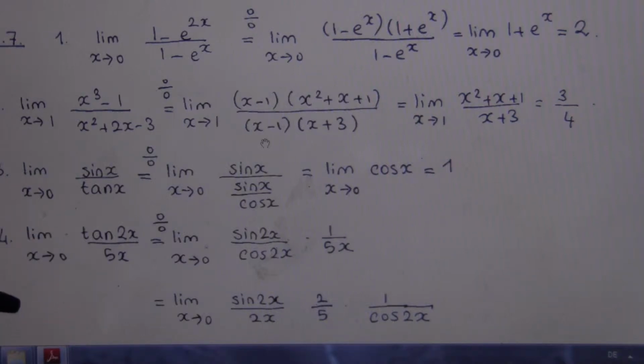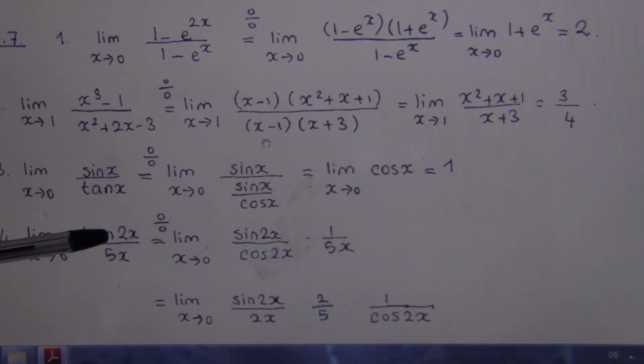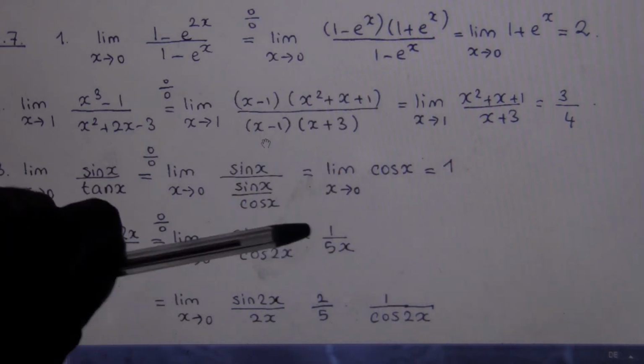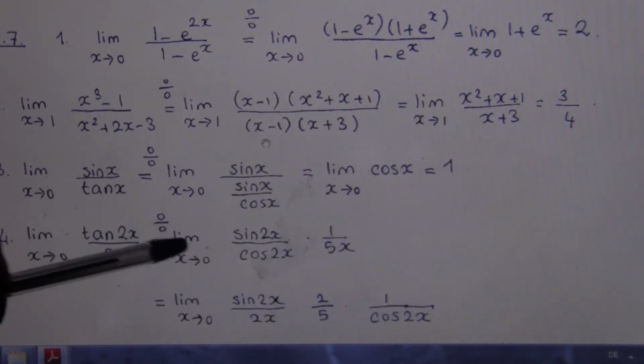So what they did is they expressed tan 2x over 5x as tan 2x multiplied by 1 over 5x, and we just turn the tan into that. And as I said, you know you want 2 over 5 as your answer. So you start manipulating.